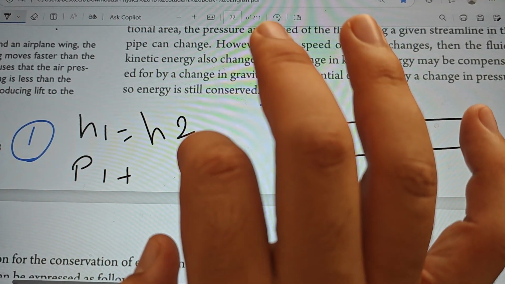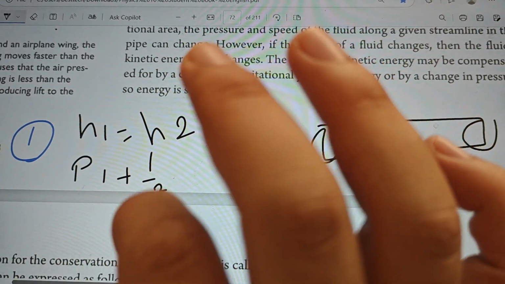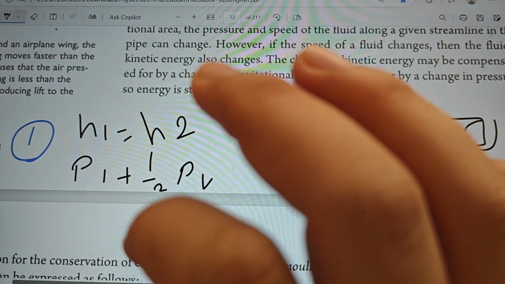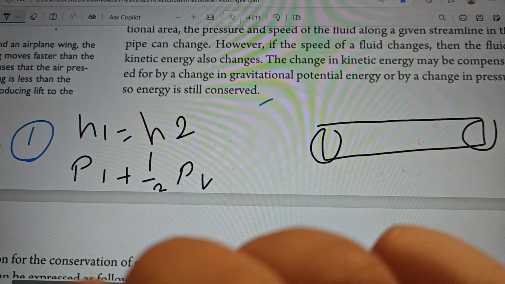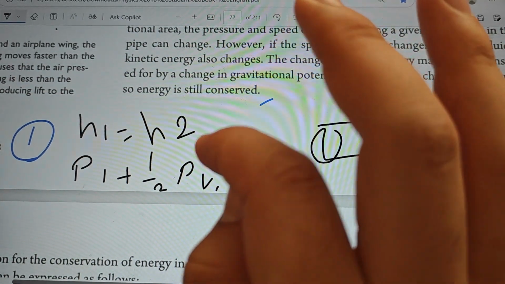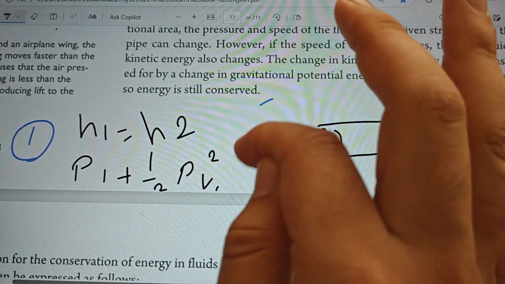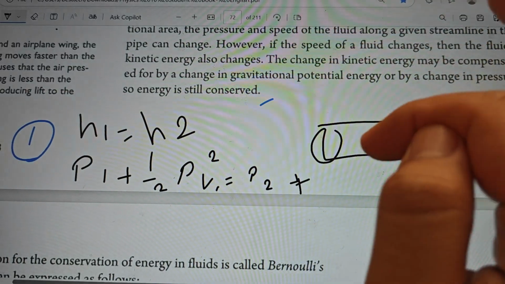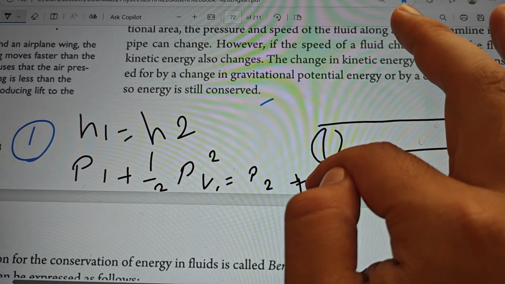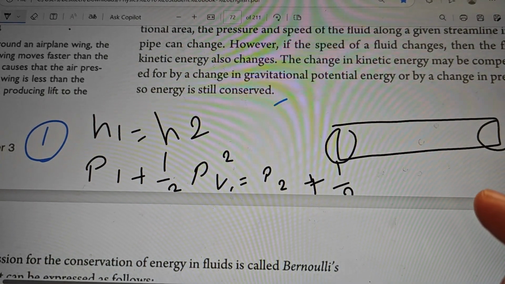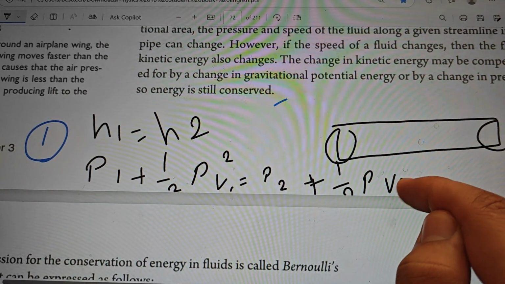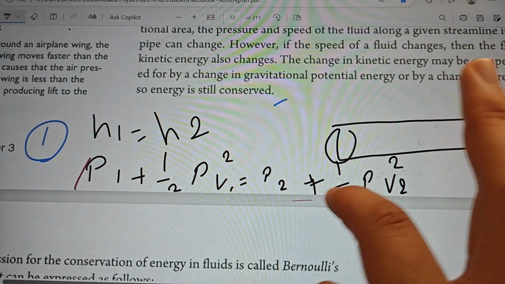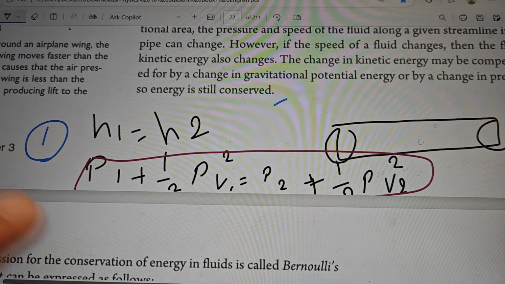P1 plus 1 over 2 rho V1 squared equals P2 plus 1 over 2 rho V2 squared.